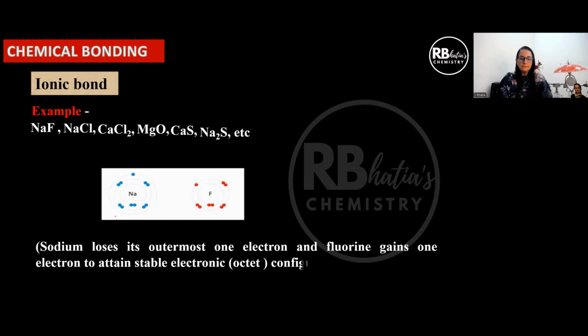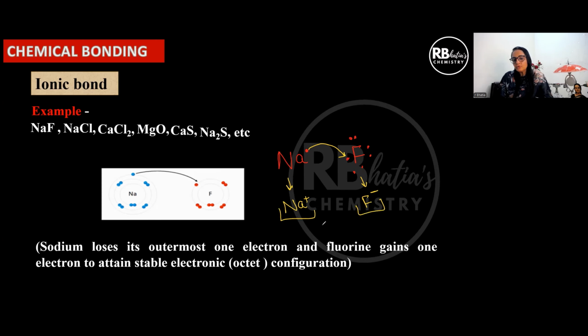So in simple words, sodium has 1 valence electron and fluorine has 7 valence electrons. If 1 electron is lost, complete transference, by sodium to form a sodium ion, and fluorine gains an electron to form a fluoride ion, then there is an electrostatic force of attraction between the two oppositely charged ions such that each completes its octet.